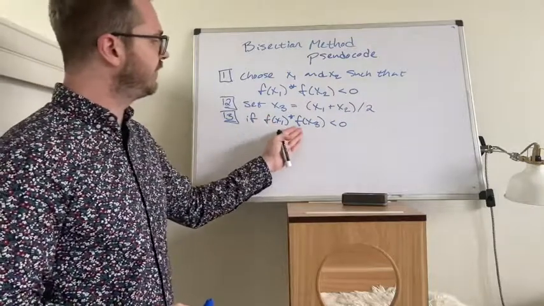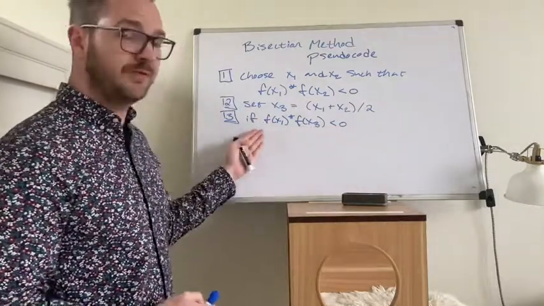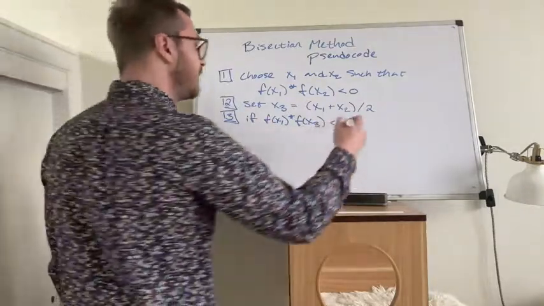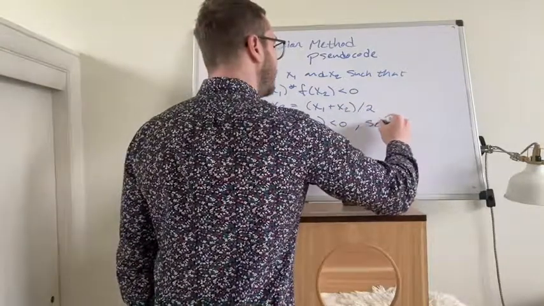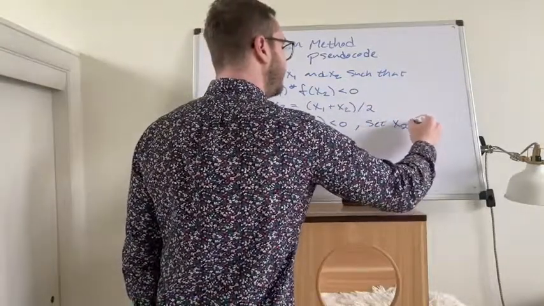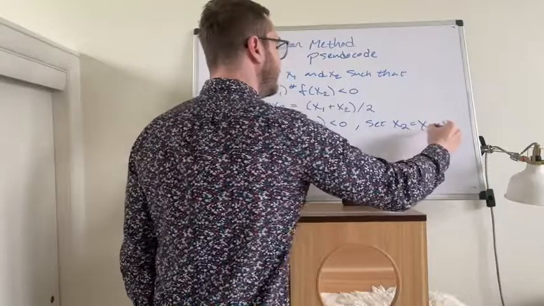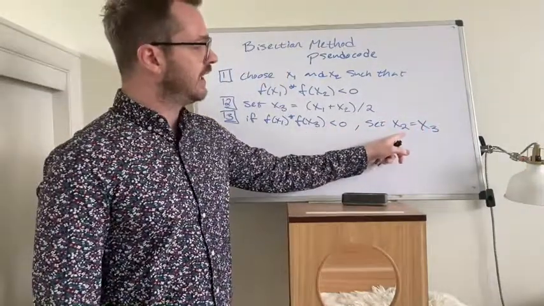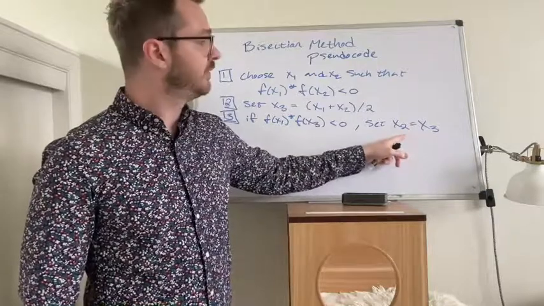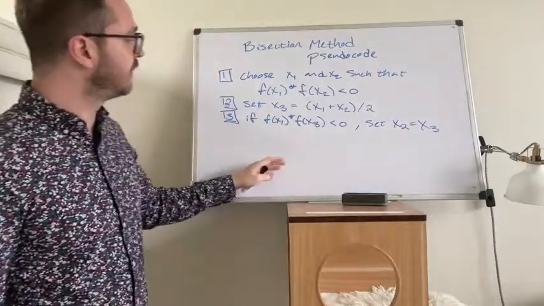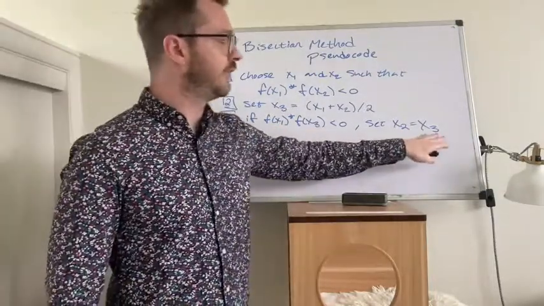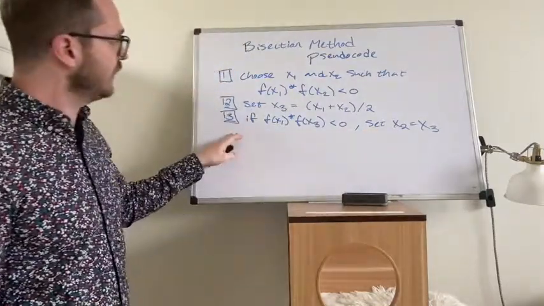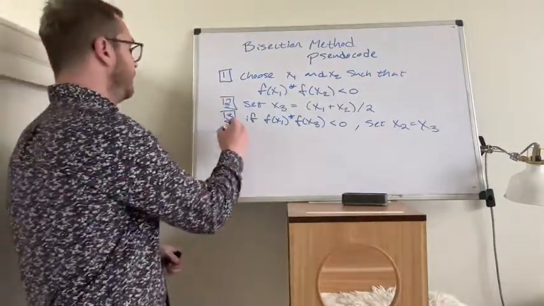We're saying if the sign change is on the first interval, then we're going to set x2 equal to x3. Understand what this step is doing. x2 is the upper bound of your active interval. So we are resizing the interval now to be from x1 to x3. What happens if this fails though?